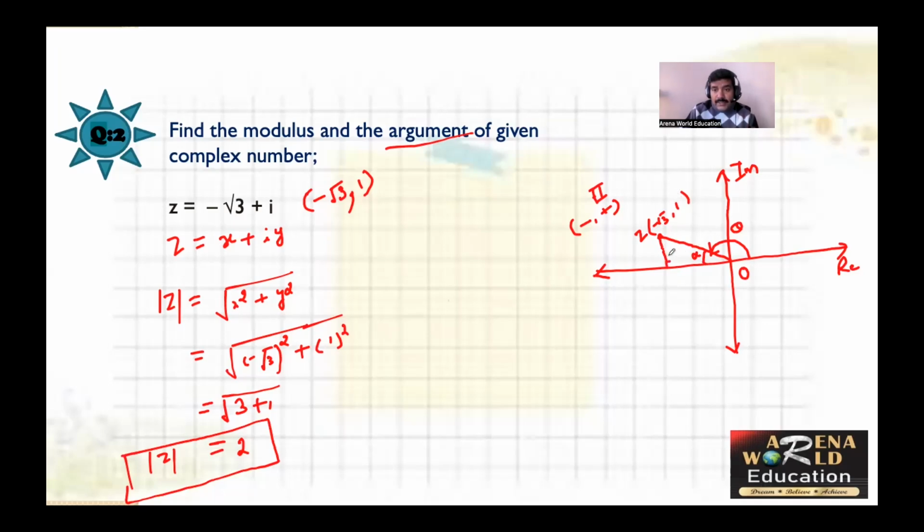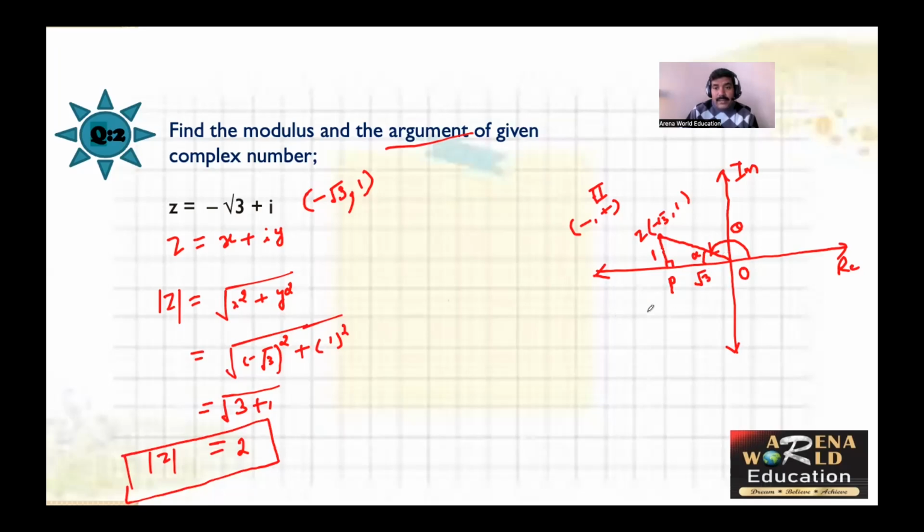So now, yes, this will be 90 degree. Suppose it is P. Then OP is the x coordinate, so length is simply under root 3, and the y coordinate PZ will be 1, right?